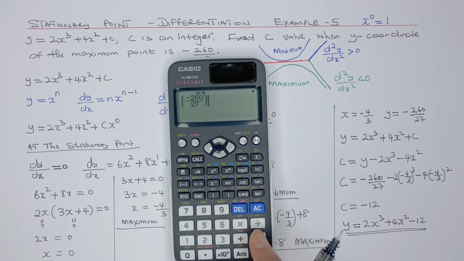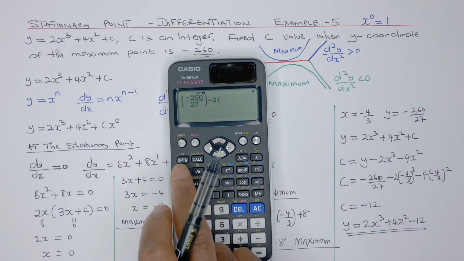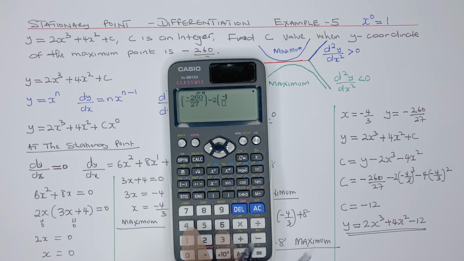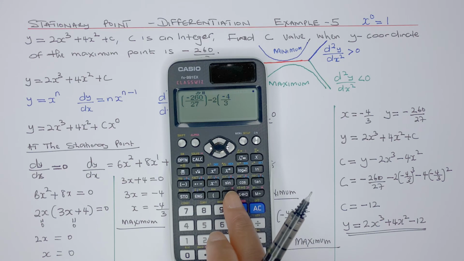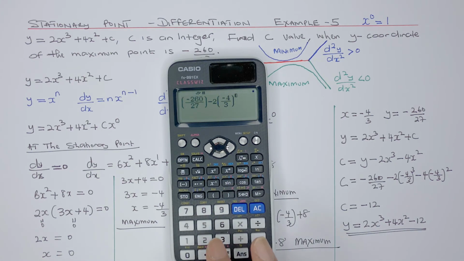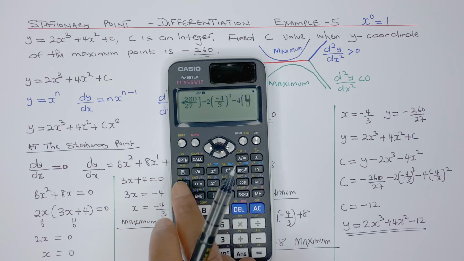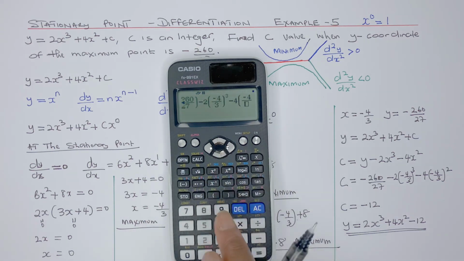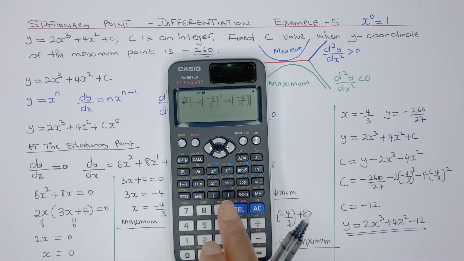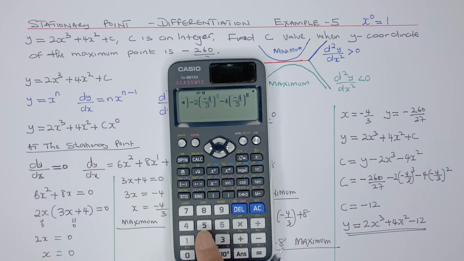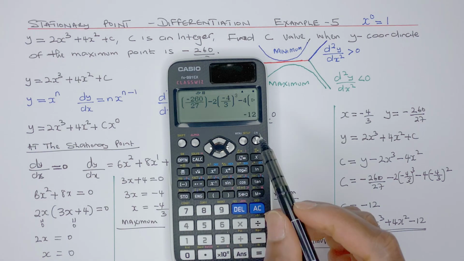The second one is minus 2, open bracket, fraction, minus 4, arrow down, 3, arrow to the side, close bracket, raised to power 3, arrow to the side, minus 4, open bracket, fraction, minus 4, arrow down, 3, arrow to the side, close bracket, raised to power 2, and then press equals. We get minus 12.